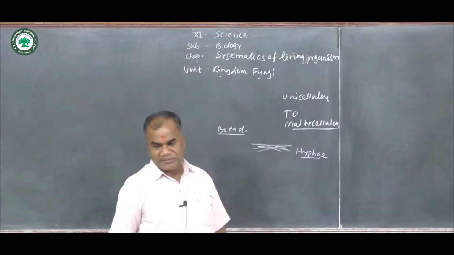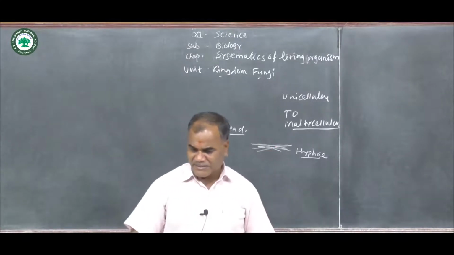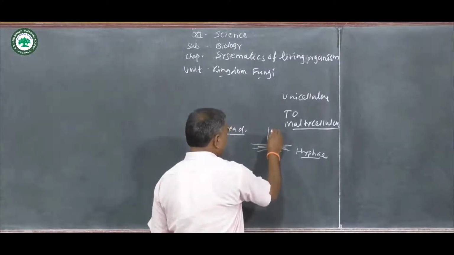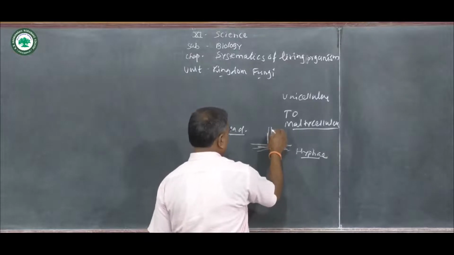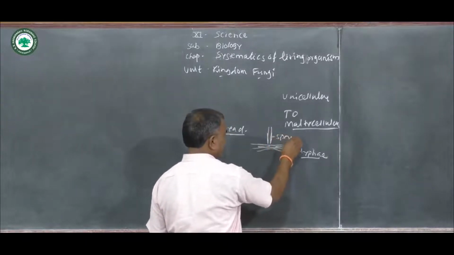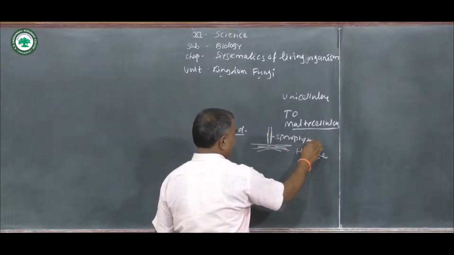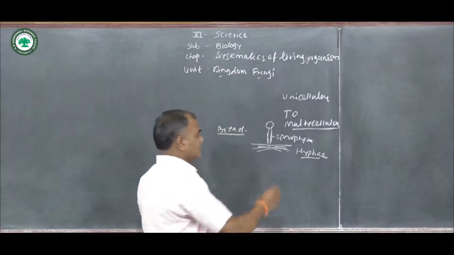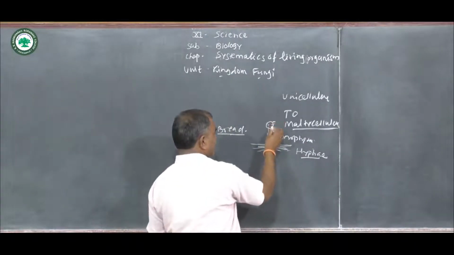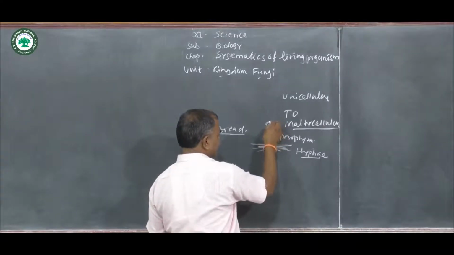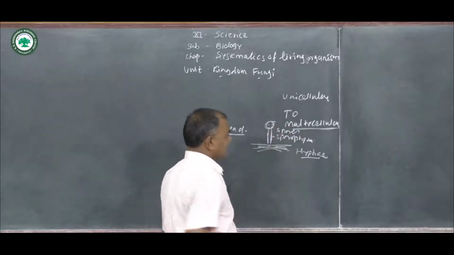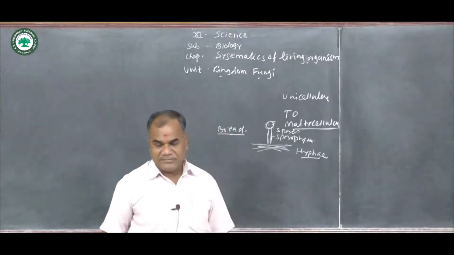Then the aerial part has the sporangium. These are the sporophytic body. The sporangium contains the spores. These are the aerial part of the fungi.